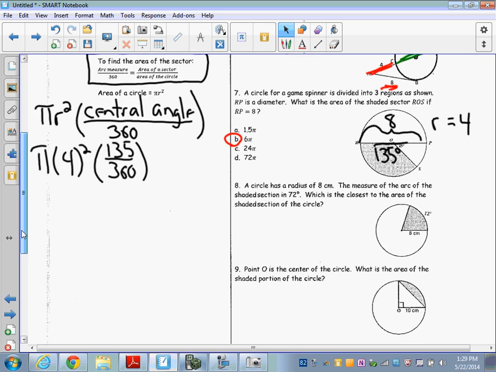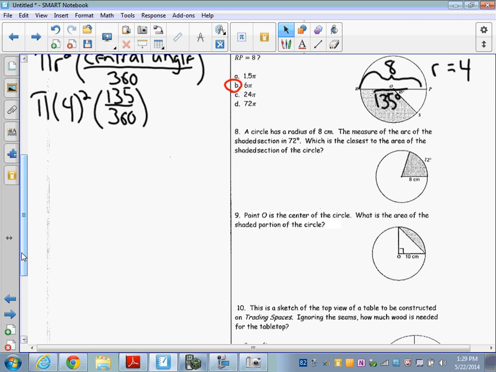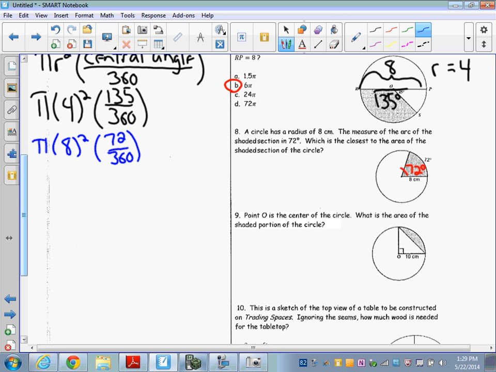For number 8, we're going to use the same exact formula. This time our central angle is 72 degrees. Remember, the central angle is going to be the exact same thing. So I have my radius of 8. So I'll do this one in blue to the left. So it's going to be pi times 8 squared times 72 over 360. I just put in all the values.